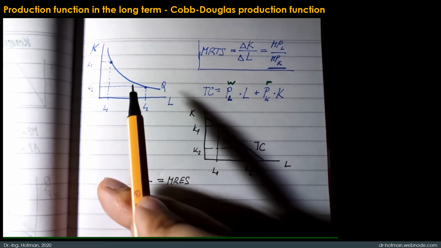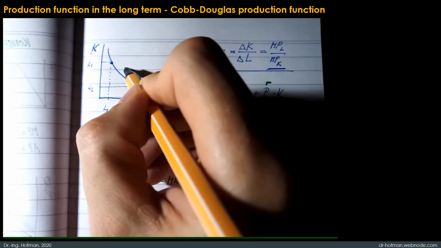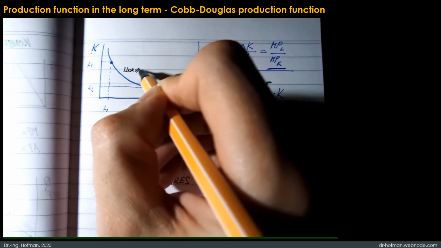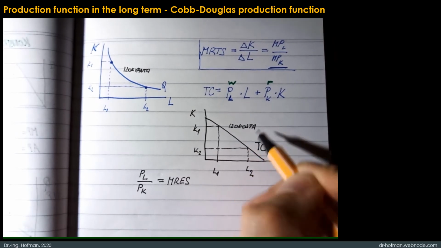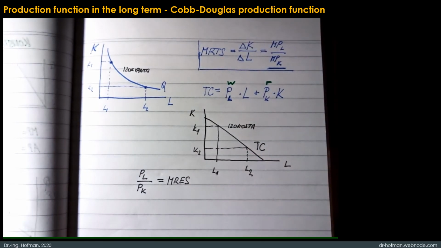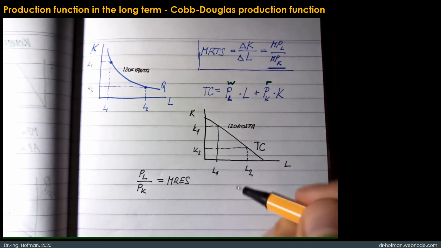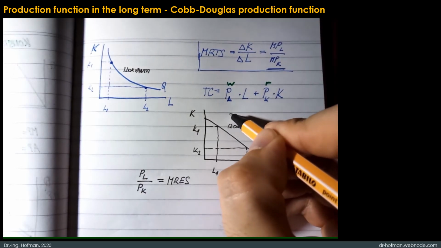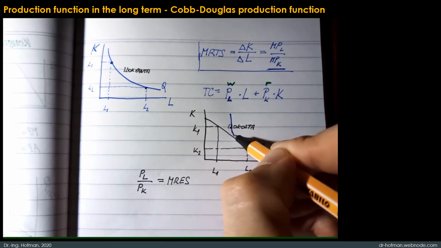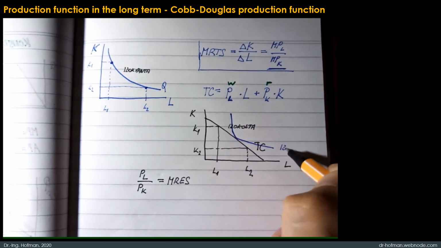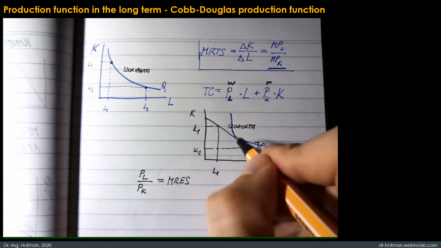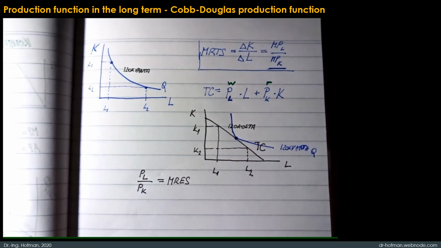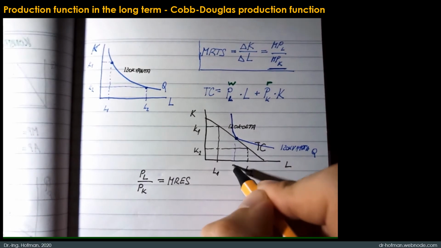If we draw the isoquant and isocost in the same graph, the first was the isoquant, and here is the isocost. You can see that the isocost is touched by the isoquant in only one point, while the isocost is a tangent of the isoquant curve.